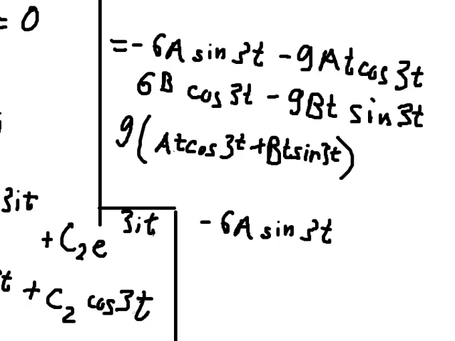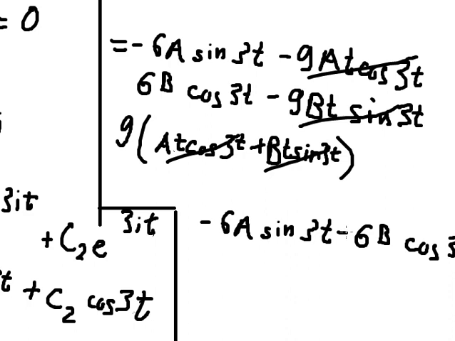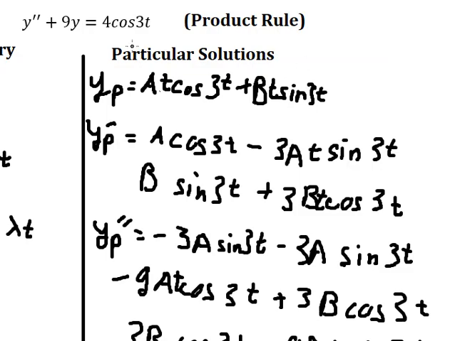We cancel. Similarly this one, we cancel this one too. So we just have only this one, that is 6b cosine 3t. And now this one we have number 4 cosine 3t.